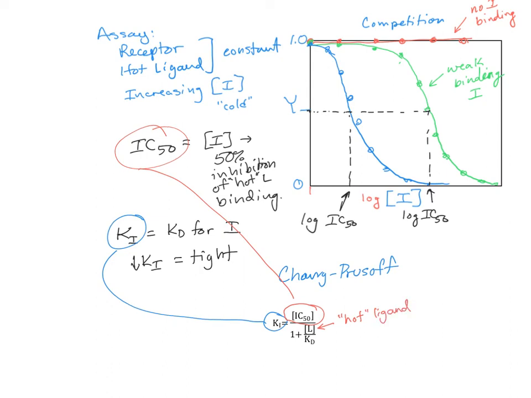Remember I said in this experiment we use a constant amount of receptor and a constant amount of the hot ligand. Whatever concentration we used, we know because we put it in there. We put that in as the hot ligand concentration. We also then have to plug in the Kd for the hot ligand.